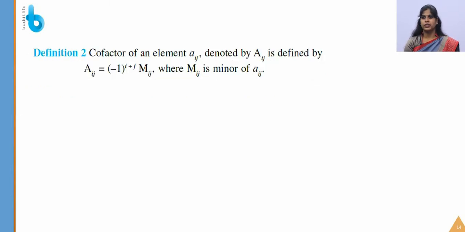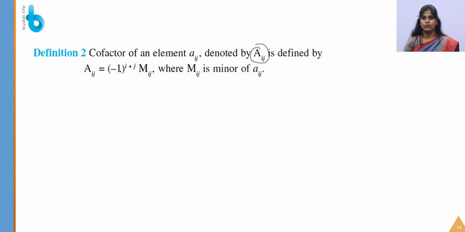Next we will see the definition of a cofactor. The cofactor of an element Aij is denoted by capital Aij and is defined by minus 1 to the power i plus j times Mij, where Mij is the minor of the element Aij.